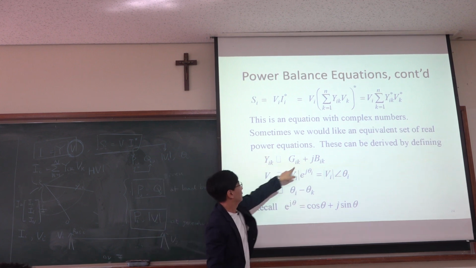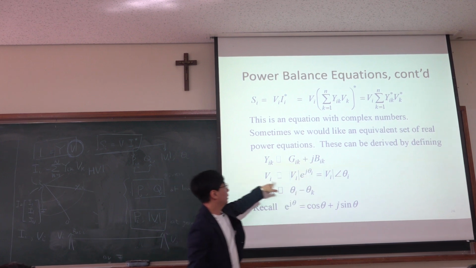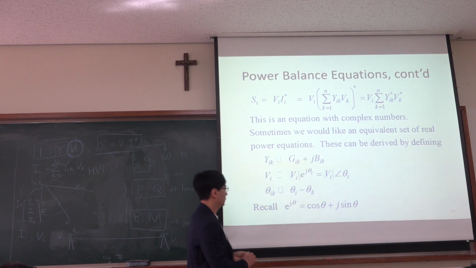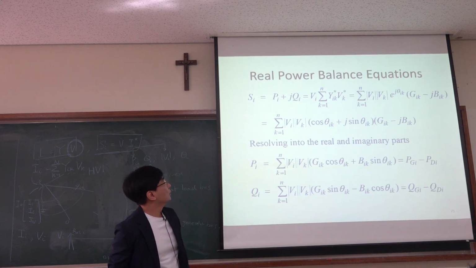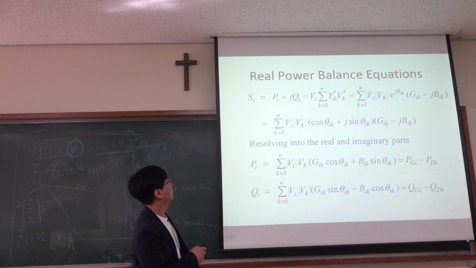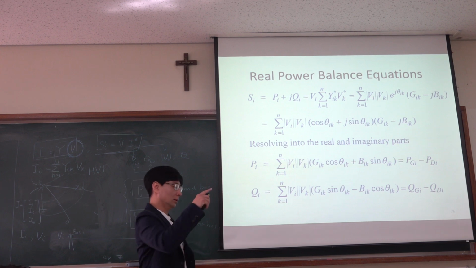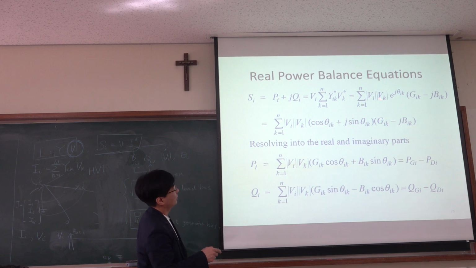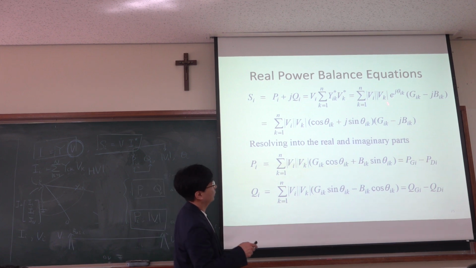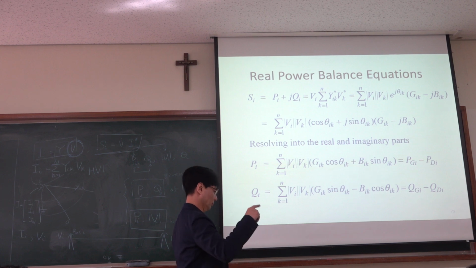Anyway, so we have that real and imaginary part, voltage magnitude and phase, and the phase angle difference is like that, and this is Euler formula. So just plug in complex power. V I is magnitude V I times e to the j zeta I. And this is V k, magnitude of that, and minus zeta k.